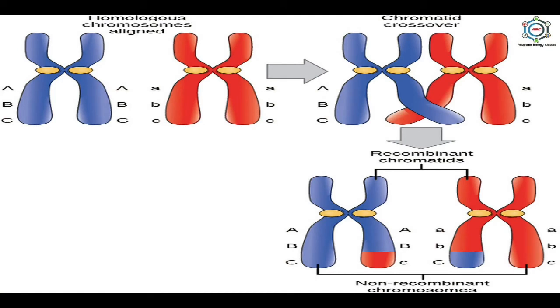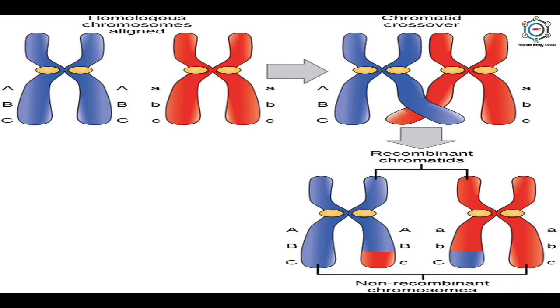In this picture you can see the crossing over. You know that crossing over occurs in the pachytene stage. Here the recombination involves mutual exchange of the corresponding segments of non-sister chromatids of homologous chromosomes. It takes place by the breakage and reunion of chromatin segments. This breakage is called nicking, which is effected by the enzyme endonuclease.